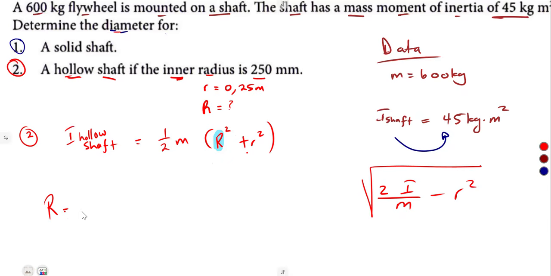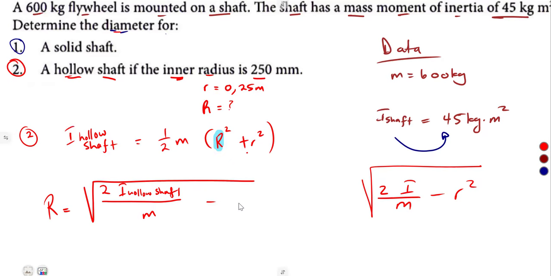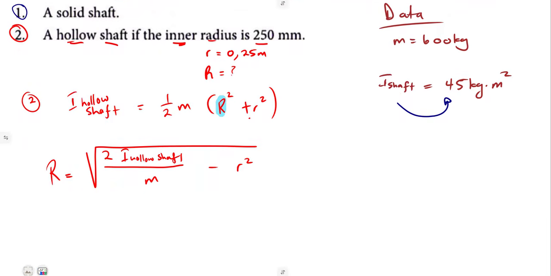So R is equal to the square root of 2 times the moment of inertia of that hollow shaft over m, minus r squared. This is how we could play around with the question, or you just substitute into the formula, then solve for R. It is one and the same.